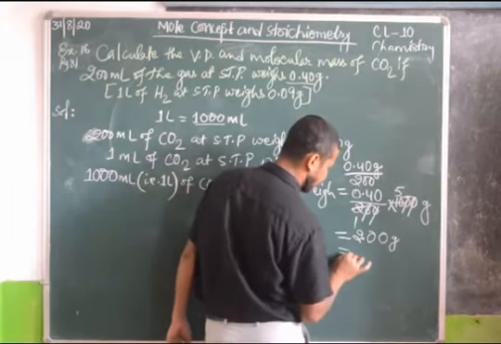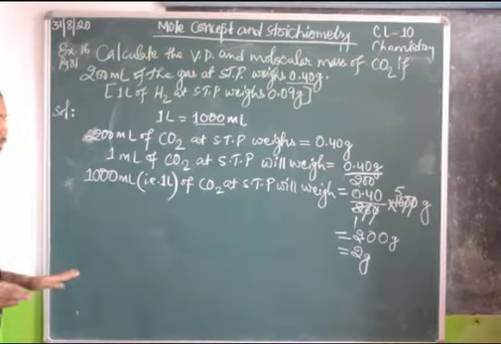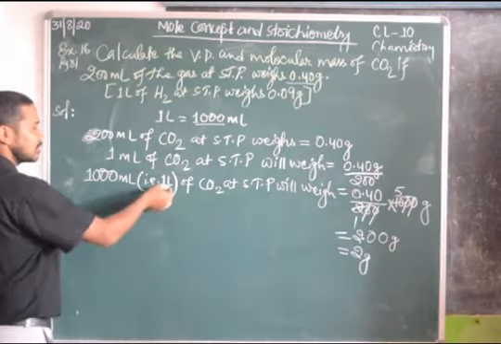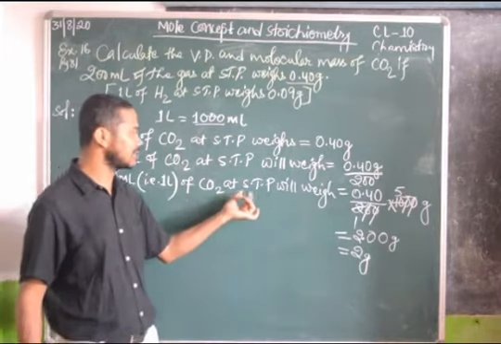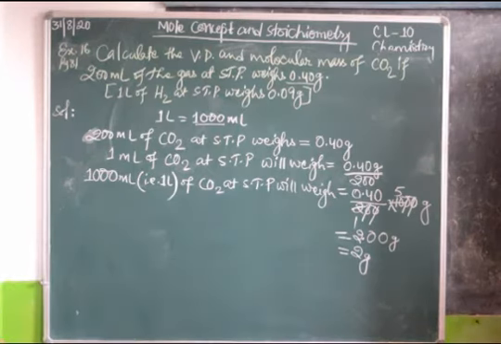Or in simple terms you can write 2 gram, because after the decimal 0 has no value, there is no non-zero number. So now we got the mass of 1 liter of carbon dioxide. What is the mass of 1 liter of carbon dioxide at STP? It is 2 gram.